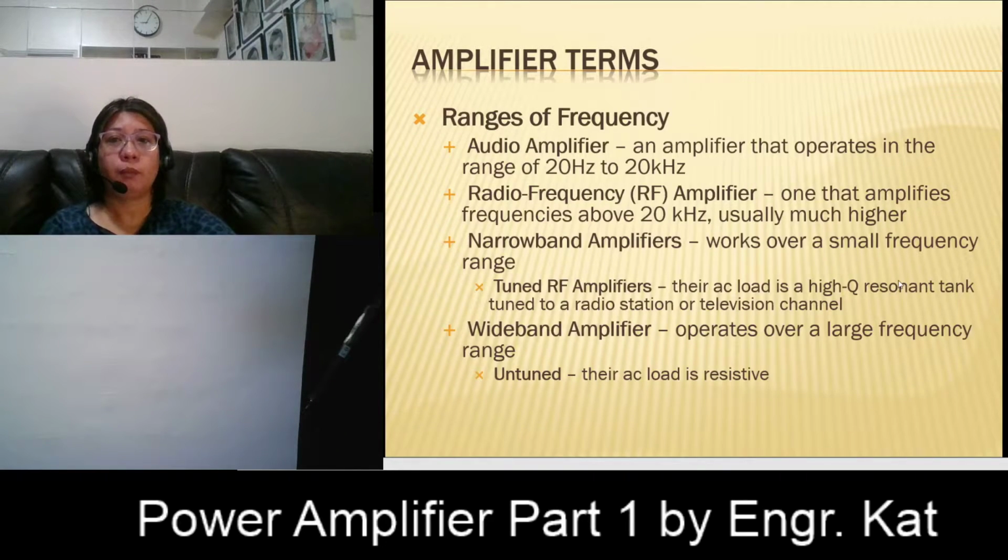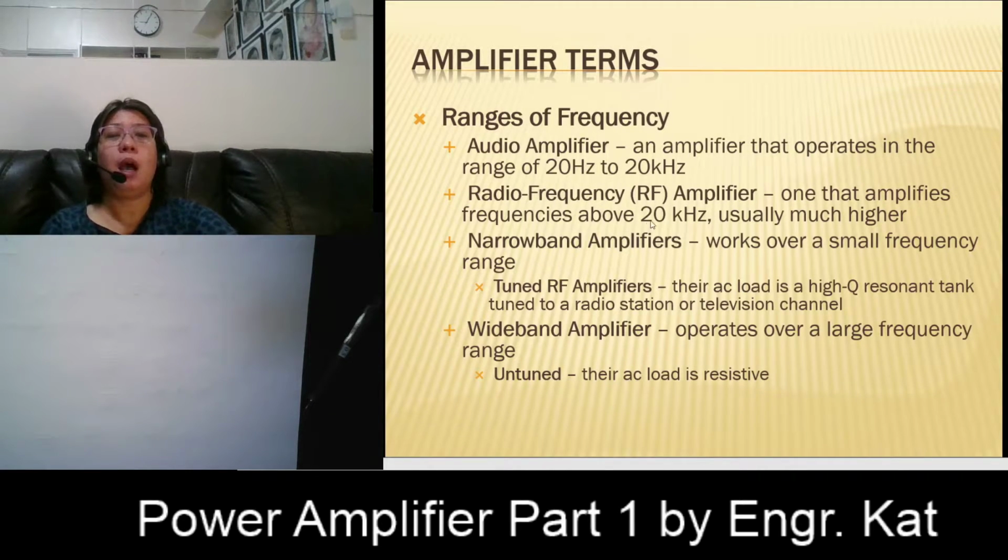Okay? So these are the three ranges of frequency. Actually, your audio amplifier is capable of amplifying those frequencies within the range of 20 to 20 kilohertz. Okay, so this is what we call your normal audio hearing range.